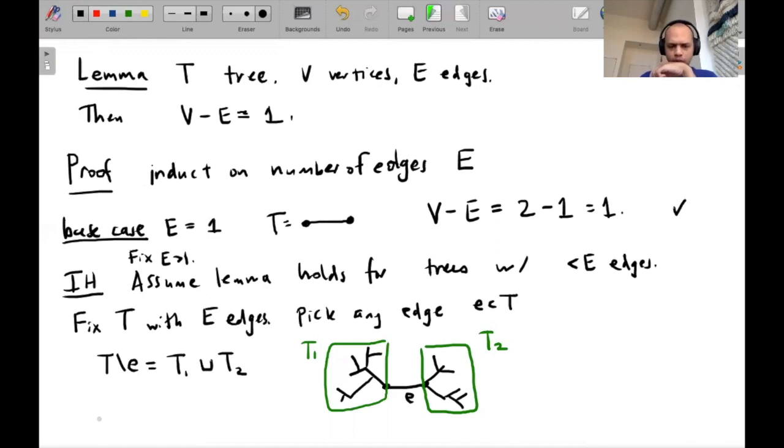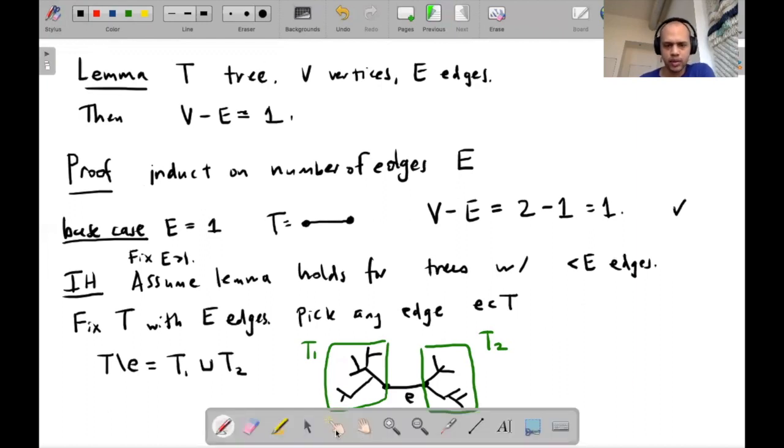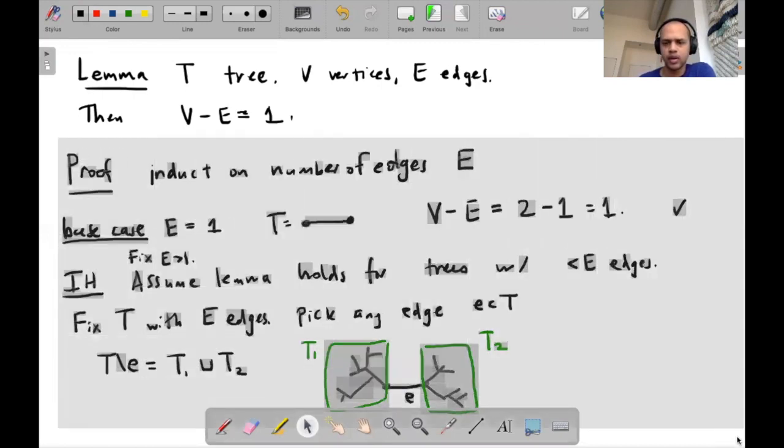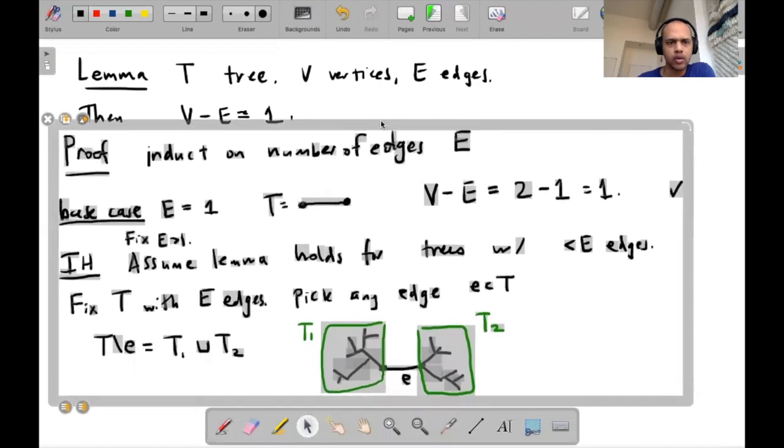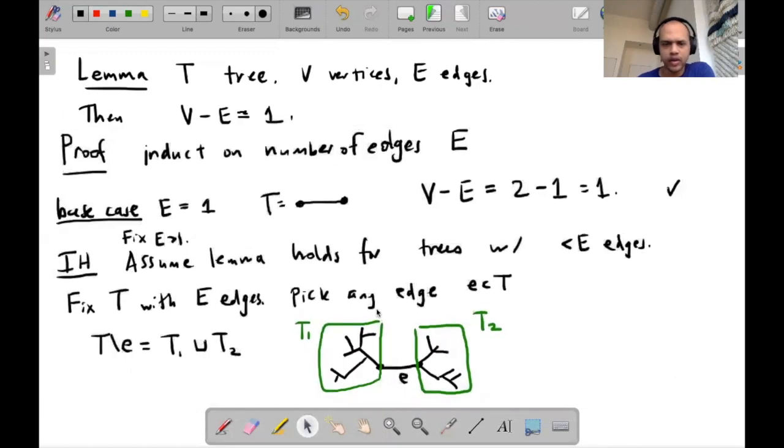Now let's compute. I always need just a little bit more space. Let's see if I can get it. Okay, so now let's compute.